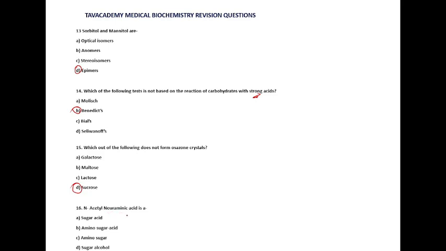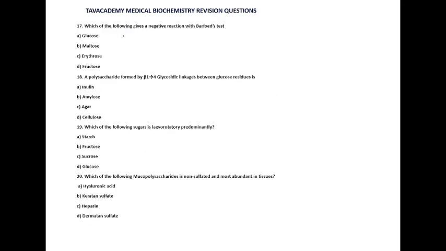N-acetyl-neuraminic acid is an amino sugar acid. Option B. Question 17, which of the following gives a negative reaction to Bradford test? It's going to be a disaccharide again. That's maltose. A polysaccharide formed by beta 1,4 glycosidic linkage between glucose residues is formed by cellulose.